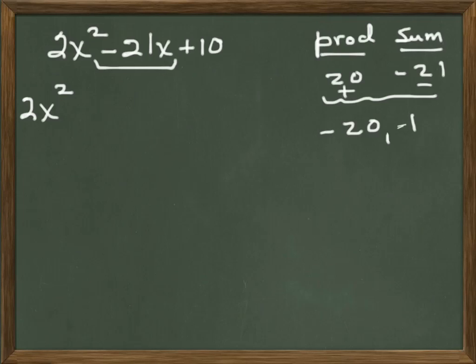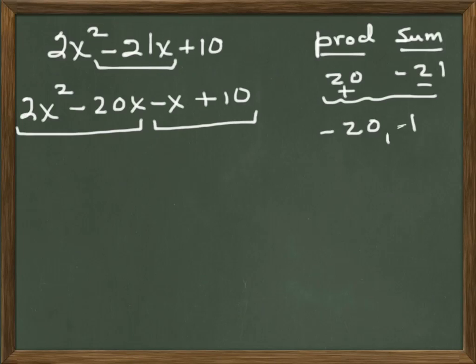So I have my 2x squared. I'm going to divide my minus 21x into minus 20x minus x, and then I have my plus 10. Then I'm going to regroup, take out my 2x times x minus 10. Now this is a little tricky because I have a negative there, so I'm going to have to factor out a negative 1.